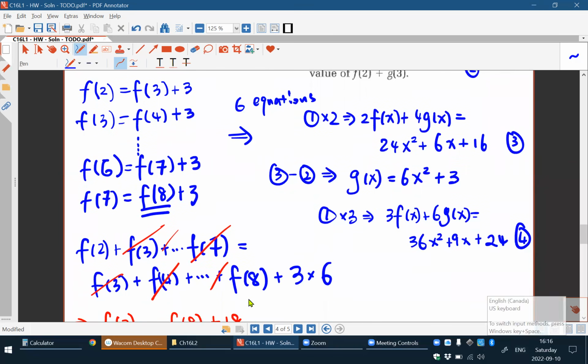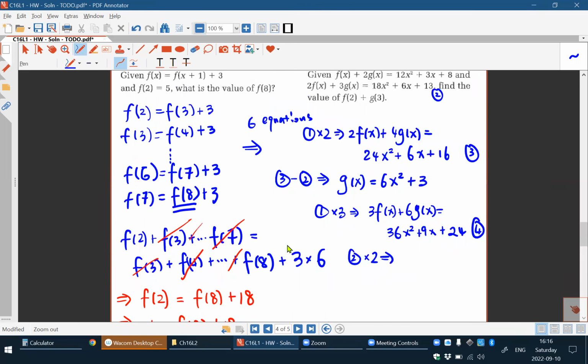Then we can use number 2 times 2, which will give us 4f(x) + 6g(x). Why should we do this? That means we can cancel g(x), right? To find its least common multiple, the least common multiple of 2 and 3 is 6. Okay, so the right side is 36x² + 12x + 26.